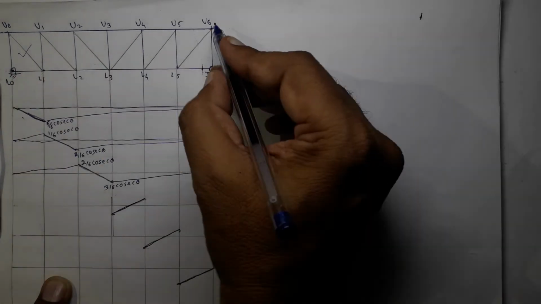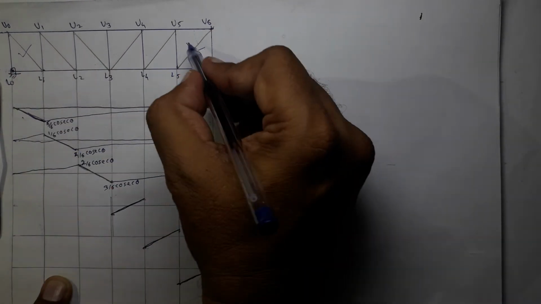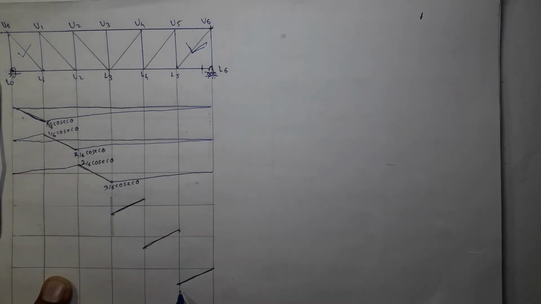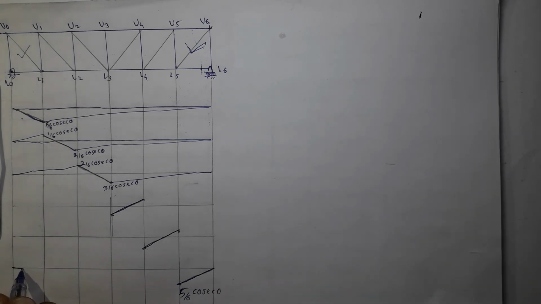For this member, it is going to be the inclined part, and the values will get repeated. Now diagonal member U0L1, so this member and this member will have the same sort of ILD. So 5 by 6 cosec of theta will get repeated over here, 5 by 6 cosec of theta, and this ILD will be like this.